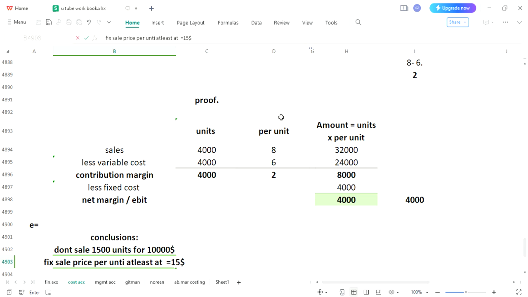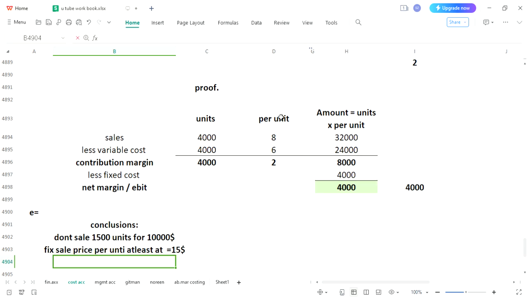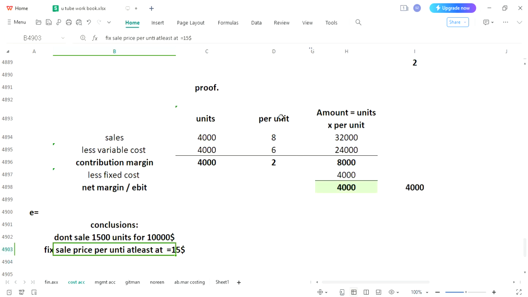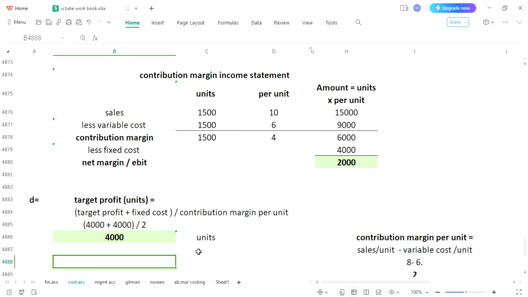So this is the second suggestion, to fix the sale price at least at $10. So here you have $10 for 1500 units. Fix sale price per unit at least at $10. Second lesson or second suggestion for both girls.